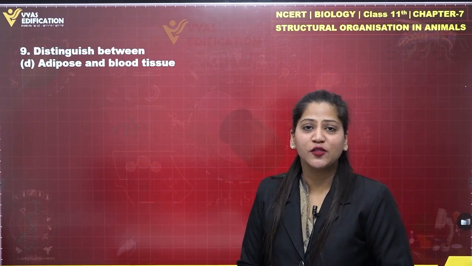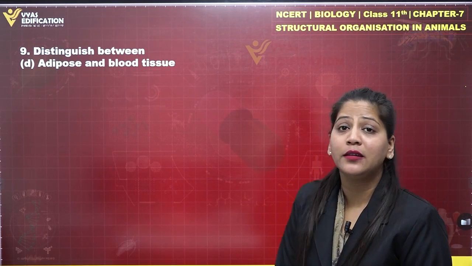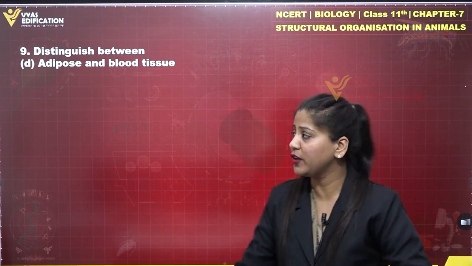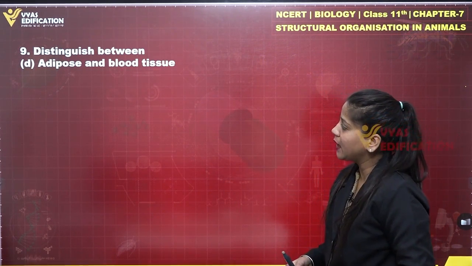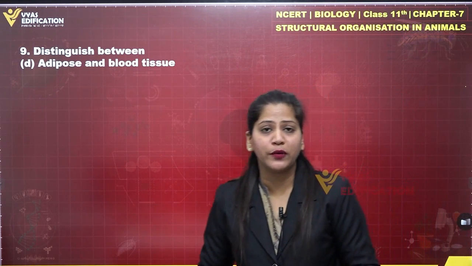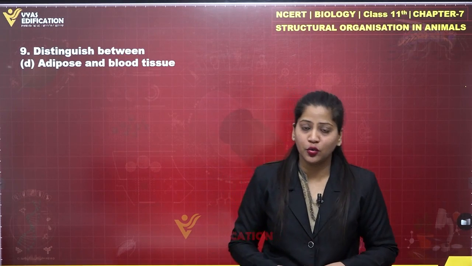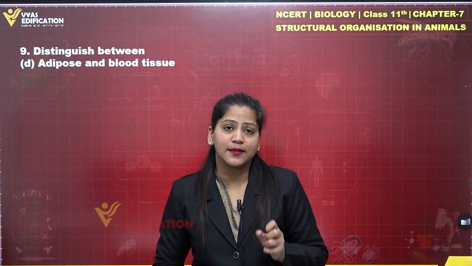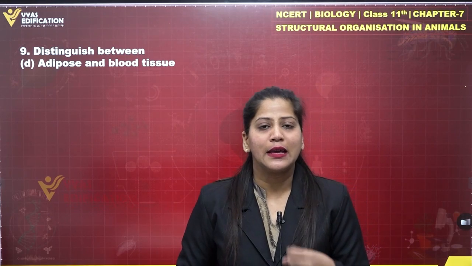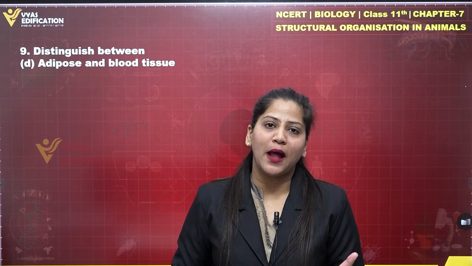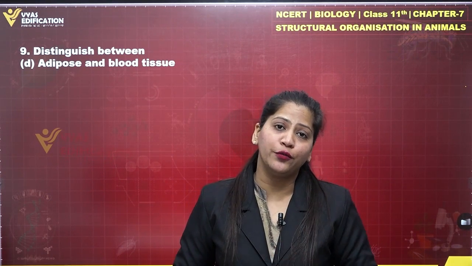Now let's talk about the next part of the same question, part D, which contains adipose and blood tissue. We have to distinguish between adipose tissue and blood tissue. Adipose tissue consists of collagen fibers, elastin fibers, fibroblasts, adipocytes and macrophages.